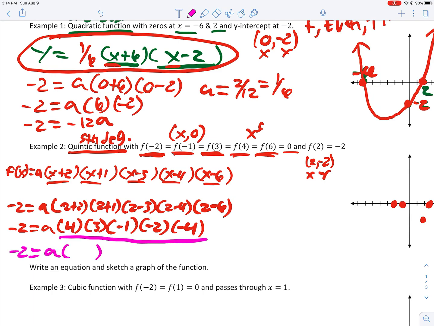We're going to get a negative. Right, so we got 4 times 3, which is 12. 12 times 2 gives us 24. And 24 times 4 gives us 96.